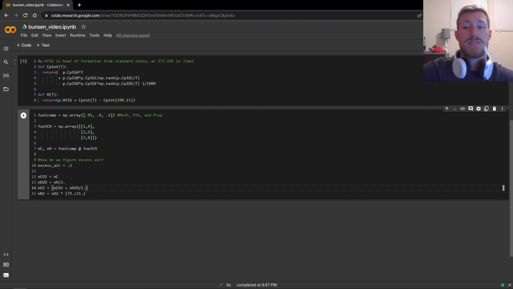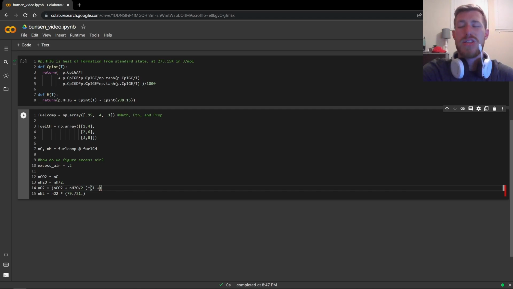If we want 20% excess air, that's equivalent to 120% of what our original air moles would be. So the easiest way to implement that would be to multiply whatever our original moles of oxygen are by 1 plus this 0.2 factor to bring it up to 120%.